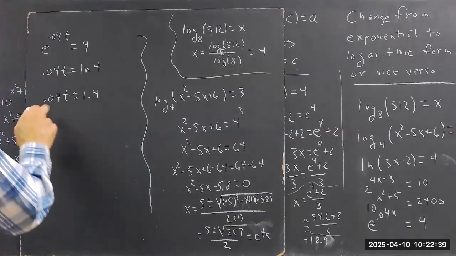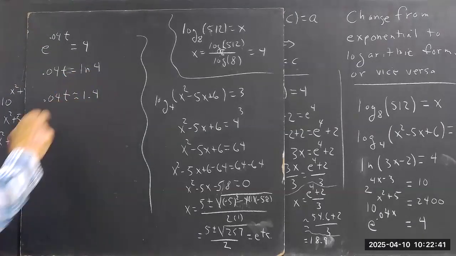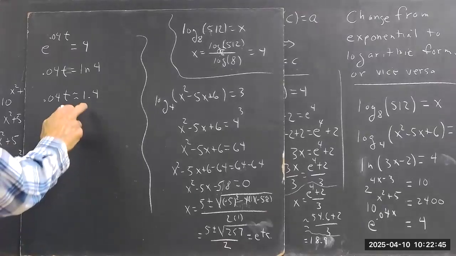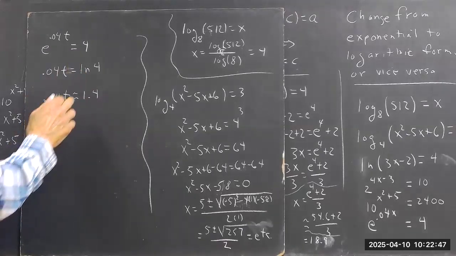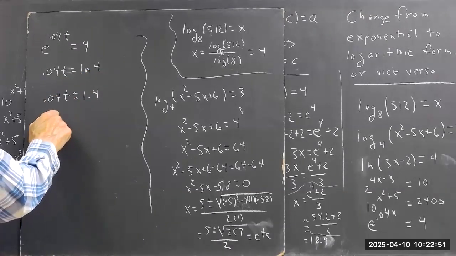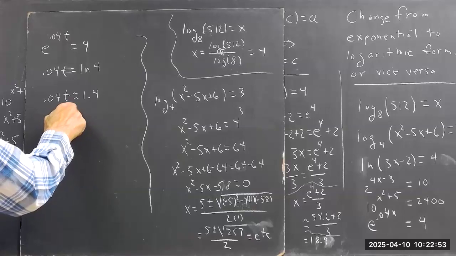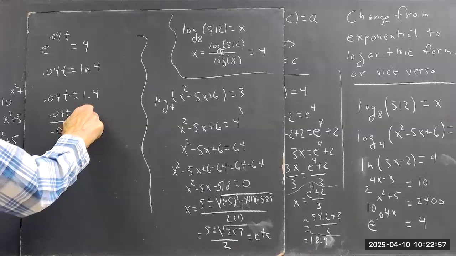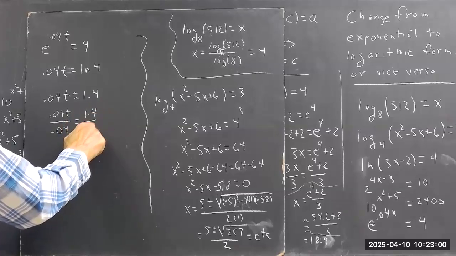Probably close to 1.3, but let's just say the natural log of 4 is about 1.4. And you can punch that into your calculator if you want to see how close it is. Your calculator will tell you what the natural log of 4 is. So the t is what you get when you divide both sides by 0.04.